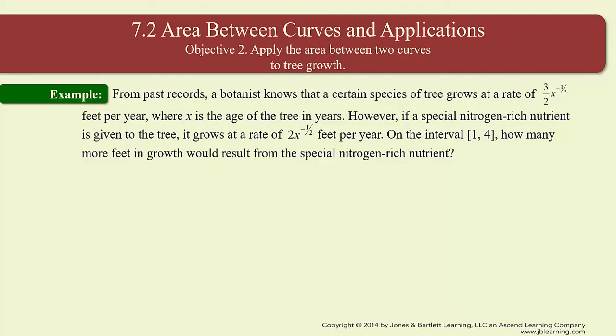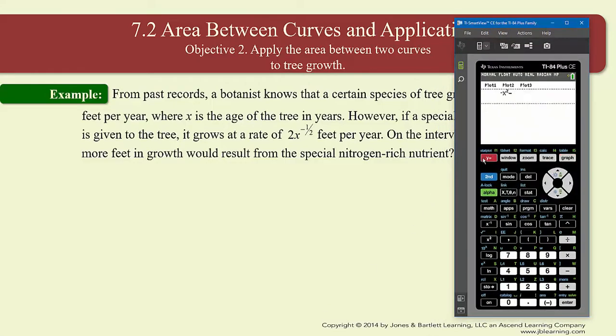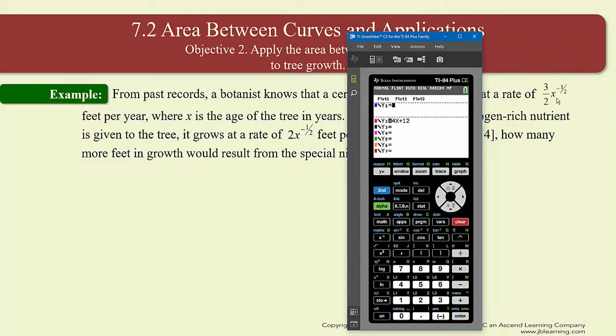Let's see, in y1, well, let me clear that out. I'm going to put the 3/2 x to the negative 1/2. So I'm going to put this function in y1. So 3/2, okay, that's 1.5, x to the negative 1/2.